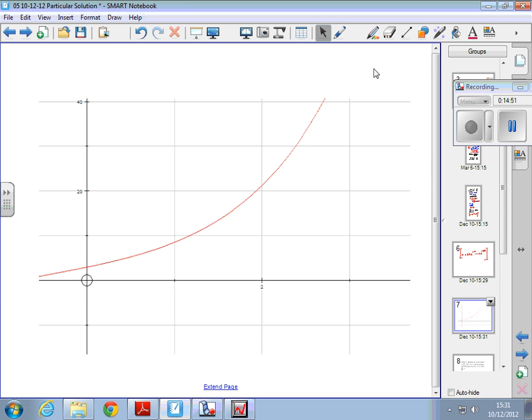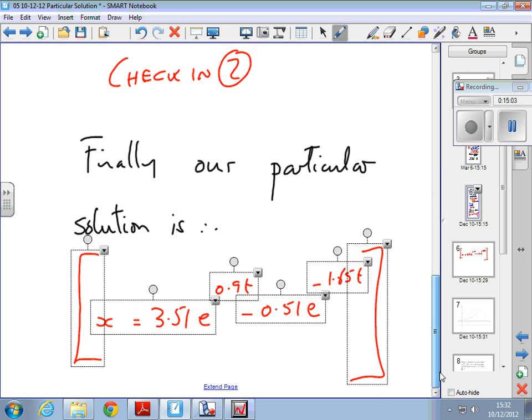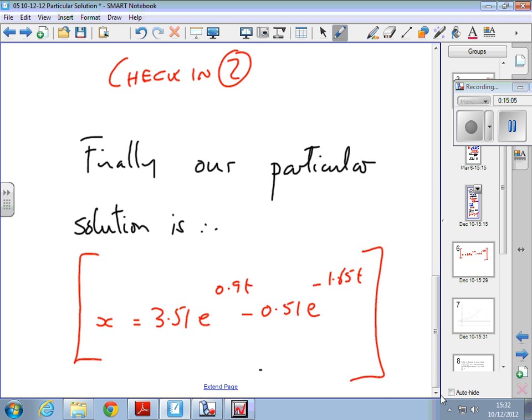If we look at the function, let's look at what's happening here and try and relate this to reality if we can. Remember that original problem we had, this solution here. It was a solution to a differential equation that had a mass, some restoring force, K, and then this damping effect.